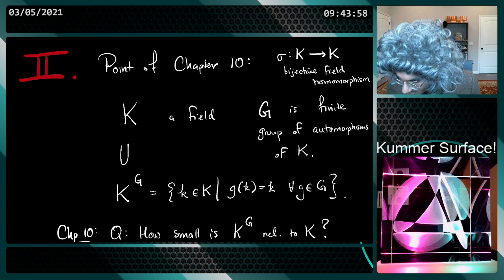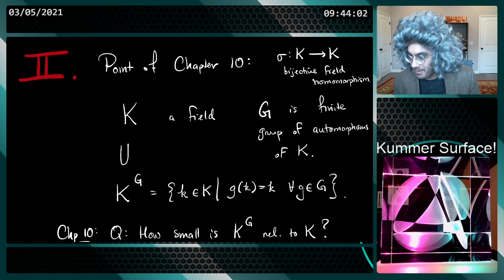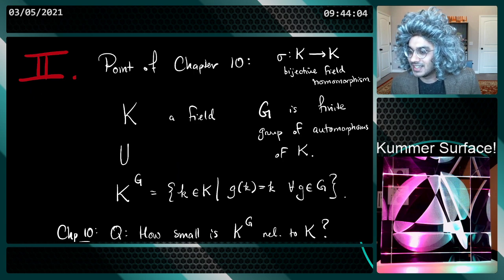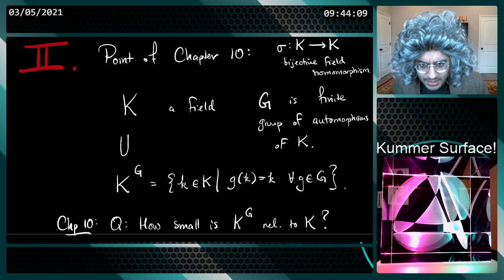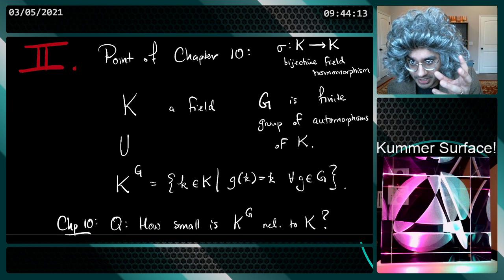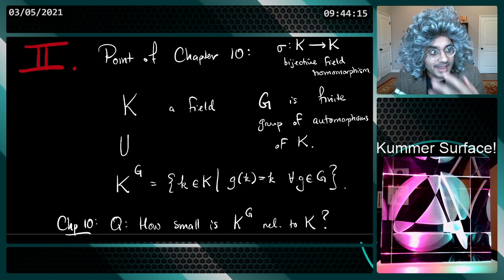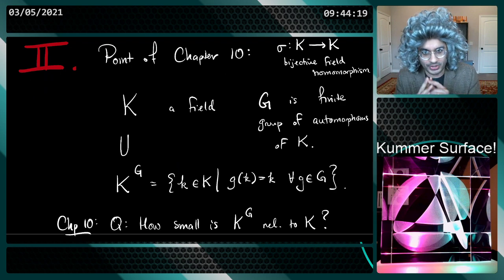Yes, an isomorphism from K to K, as RDL says. Okay. Scramblings of this field, but they're not random permutations. They respect the field operations. Very, very big constraint.